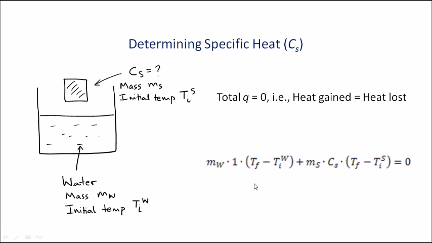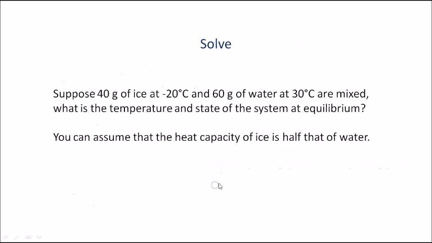This sounds quite simple, but there is a potential complication. Heat not only increases temperature, but it can also melt a solid to a liquid or convert a liquid to a gas. That is, heat can bring about a phase change. To appreciate this complication, solve the following calorimetric problem.